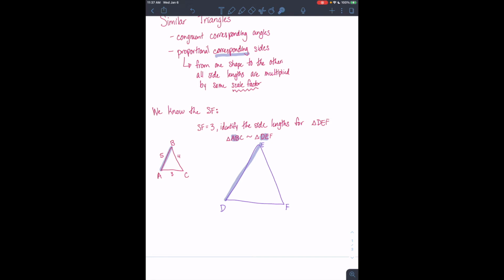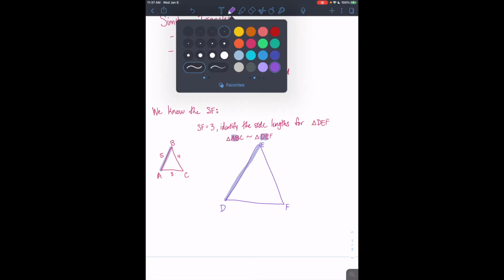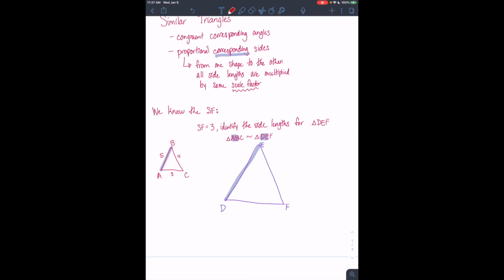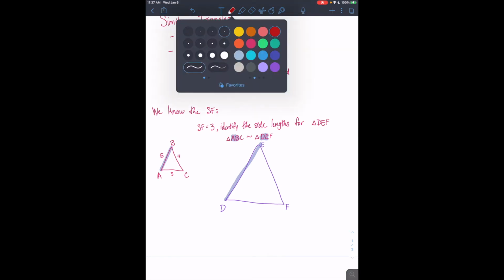So therefore I'm going to look for my scale factor to multiply this side length by to find my new side length. I'm going to take my scale factor, which I know, and the side length, which I know, in order to find the new side length DE.